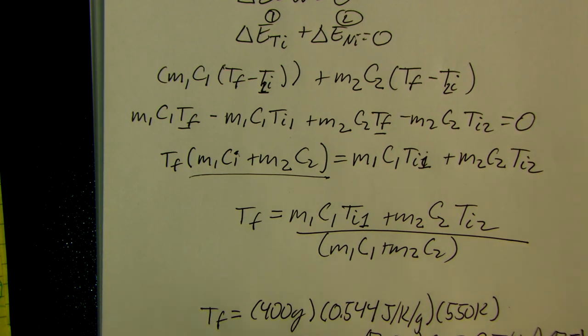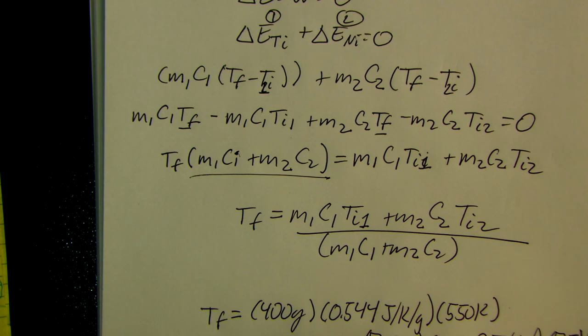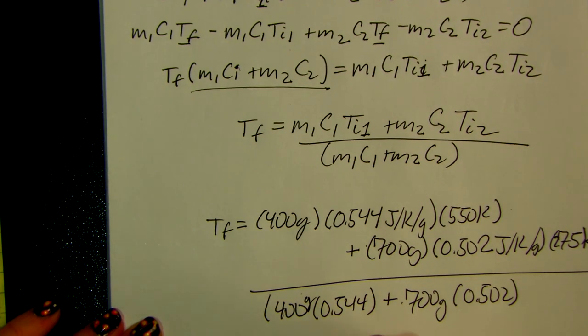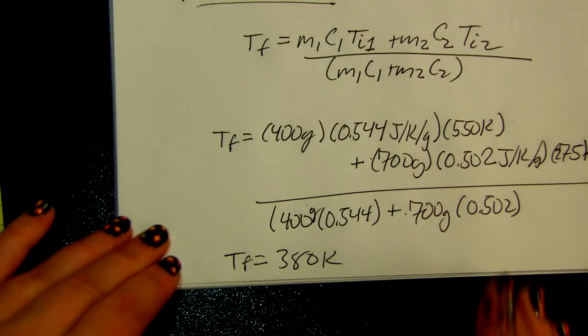All of that is divided by 400 times 0.544 plus 700 grams times 0.502. T final is equal to 380 Kelvin.